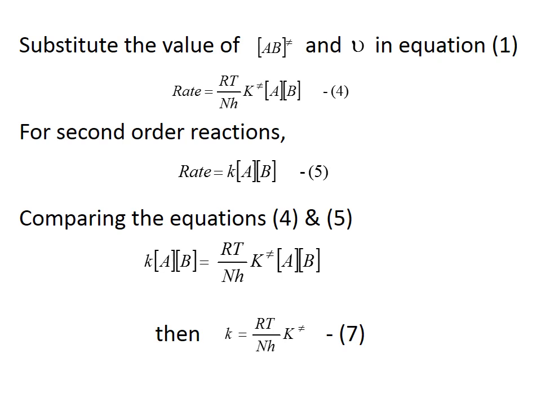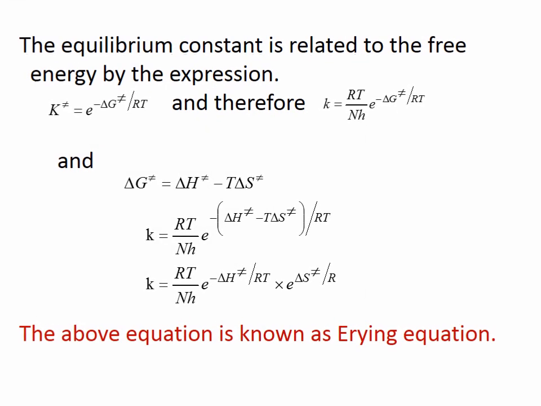Here small k is the rate constant of the reaction, K double dagger is the equilibrium constant of the reaction, R is the gas constant, N is the Avogadro number, h is Planck's constant, and T is the temperature. The equilibrium constant is related to the free energy by the expression K double dagger equals e power of minus delta G double dagger by RT.